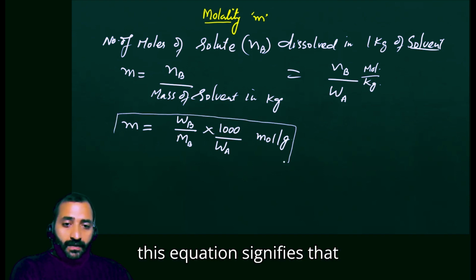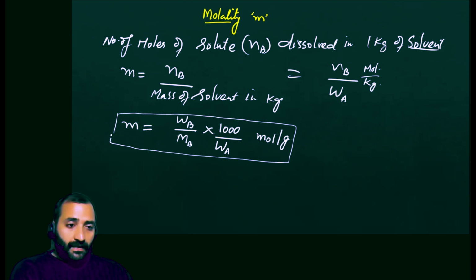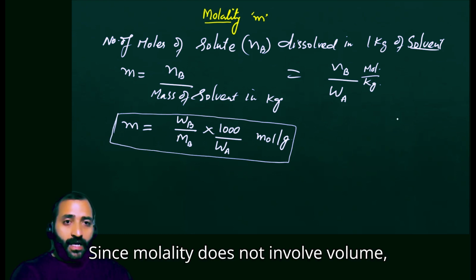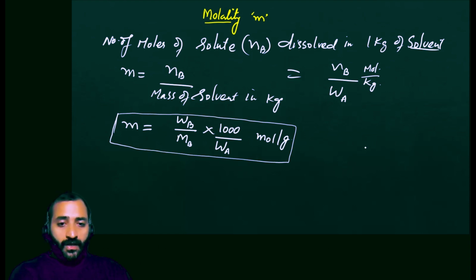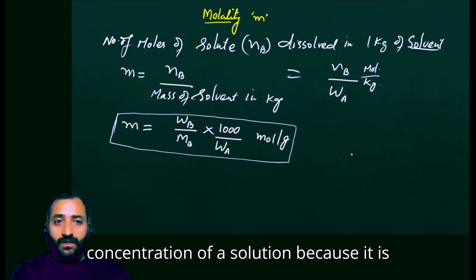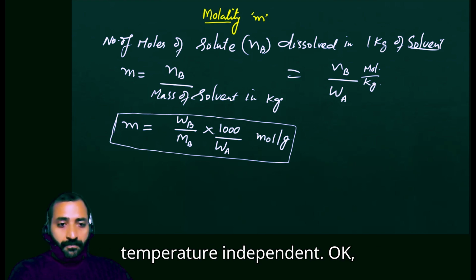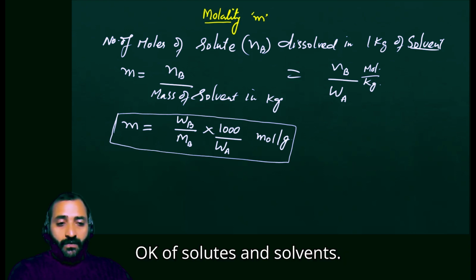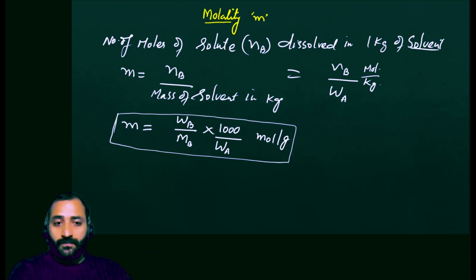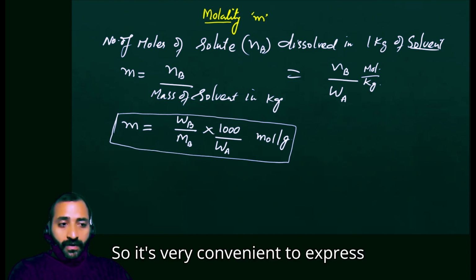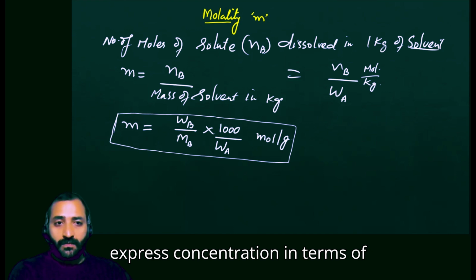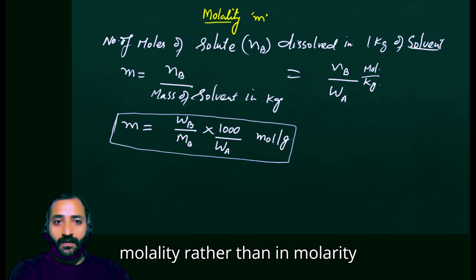Now this equation signifies that volume is not involved in this case. Since molality does not involve volume, it's the most preferred way to express concentration of a solution because it is temperature independent. Since it only includes weights of solutes and solvents, it is very convenient and accurate to express concentration in terms of molality rather than molarity.